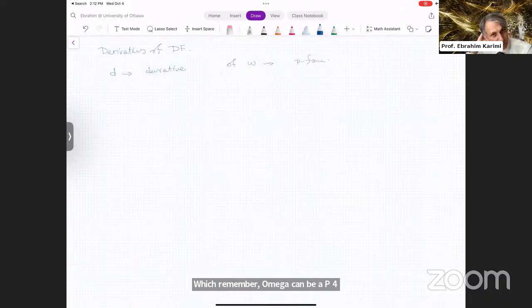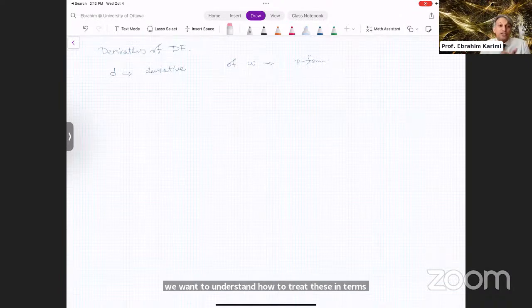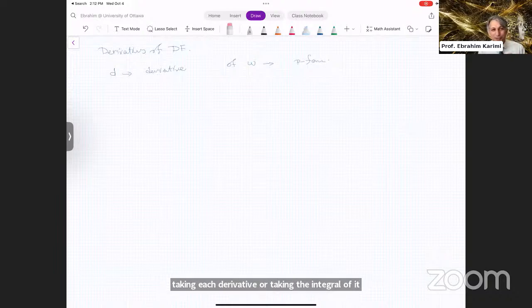Is that clear? So now we are treating it like a new entity, a new physical or mathematical entity, and we want to understand how to treat these in terms of taking the derivative or the integral of it. You will see why I care about it, because it's so wonderful and includes all of those calculations that we previously learned.